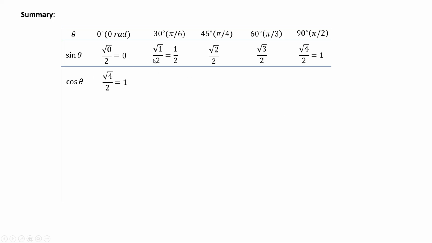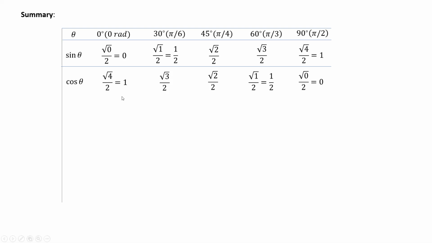Cosine of 30 degrees is square root of 3 over 2. Cosine of 45 degrees is square root of 2 over 2. And cosine of 60 degrees is 1 over 2, but we will write that as square root of 1 over 2. And cosine of 90 degrees is 0, which we write as square root of 0 over 2.